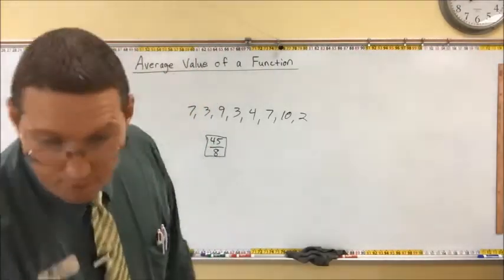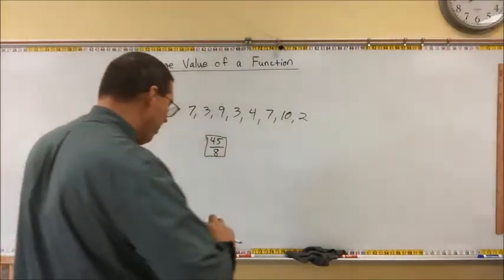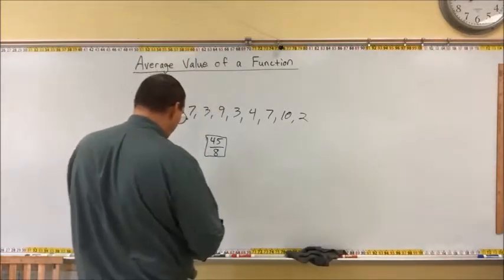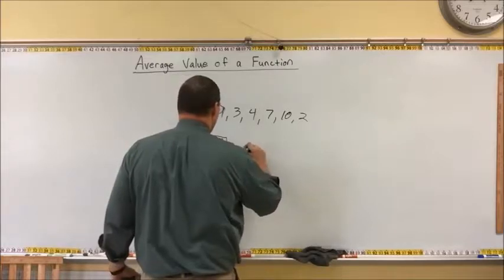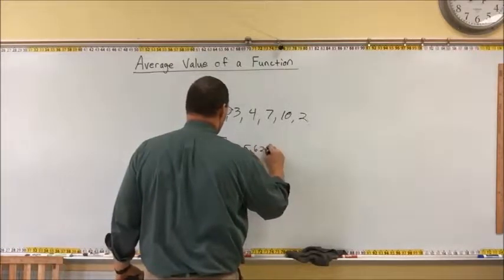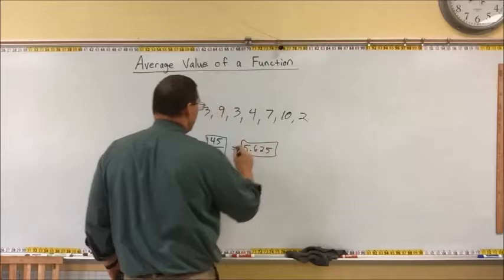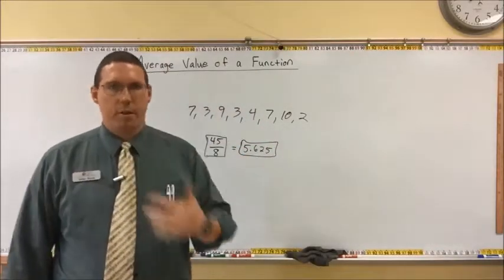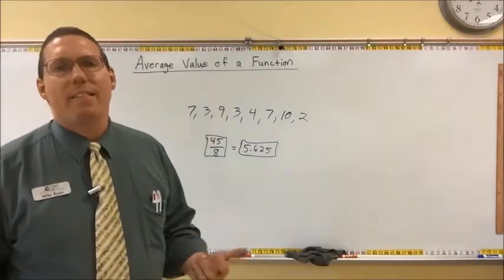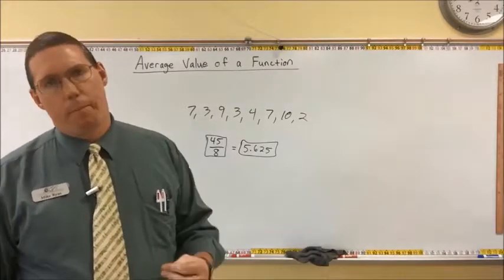If you wanted the decimal number, you could just do 45 divided by 8 and get 5.625. So the average value of all these numbers is 5.625.